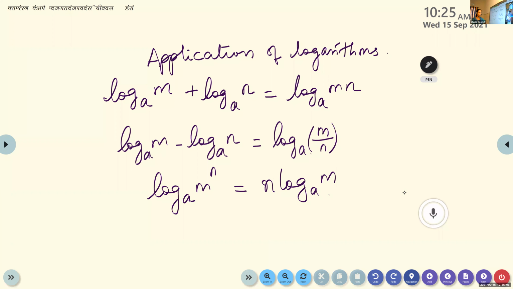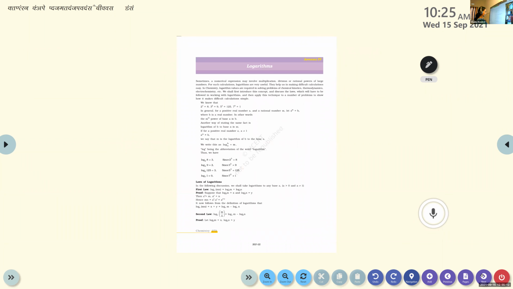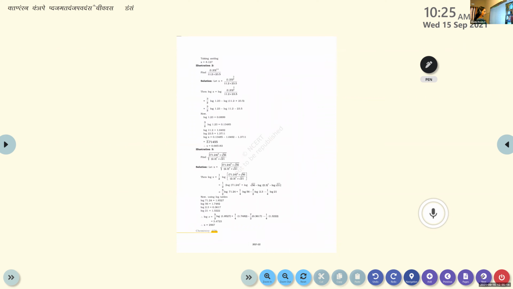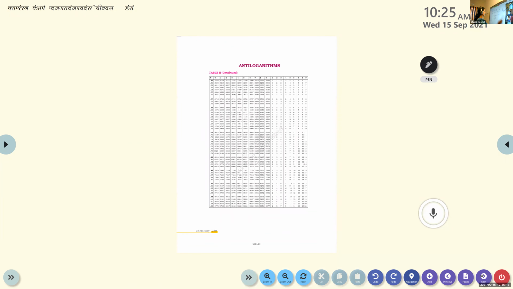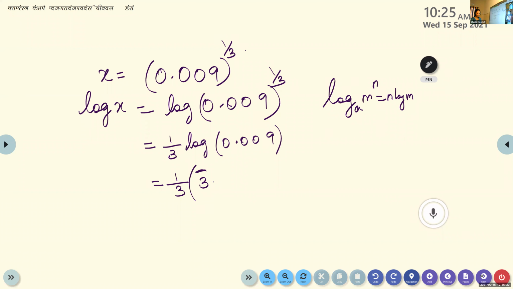So when we substitute it, what you will get? One by 3 into 3 bar point 9542.